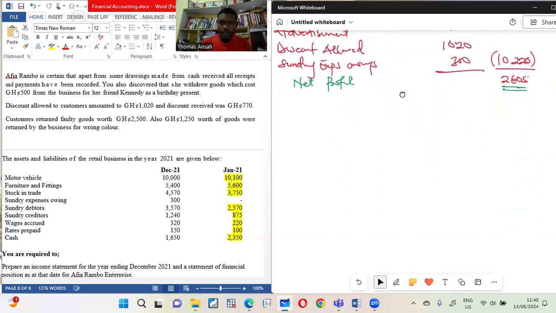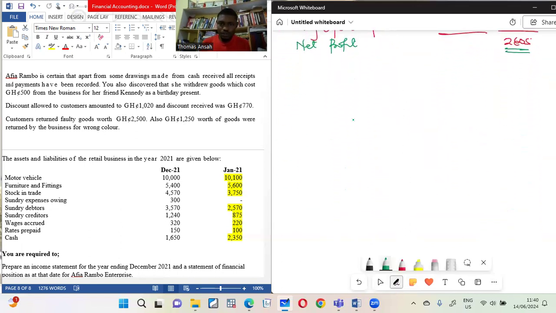Okay, so let's do our balance sheet. You see, this question entails some lots. So Ama Rambo. And we have balance sheets. You can also write statement of financial position. This question said we should do a statement of financial position. So why not do that?